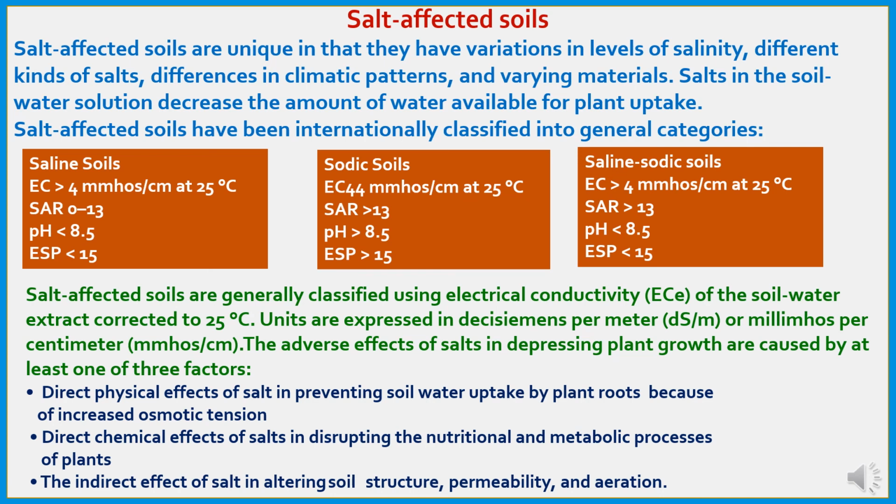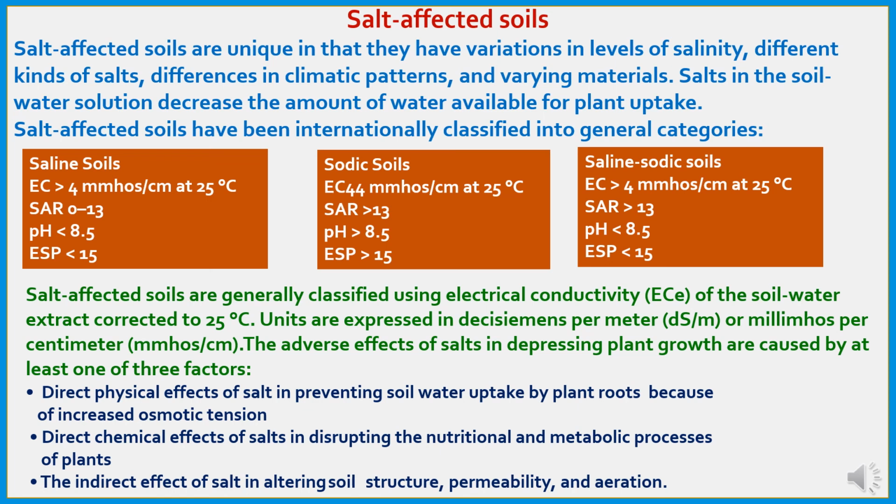Salt affected soils are generally classified using electrical conductivity of the soil water extract corrected at 25 degrees centigrade. Units are expressed in decisiemens per meter or millimhos per centimeter. The adverse effects of salts in depressing plant growth are caused by at least one of three factors.